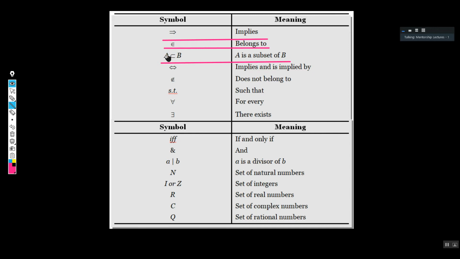What is MJ? MJ is a college consisting of some students and some sections. Among those sections, PCM is a subset of MJ. So B is MJ, A is the PCM group. So PCM is a subset of MJ college.